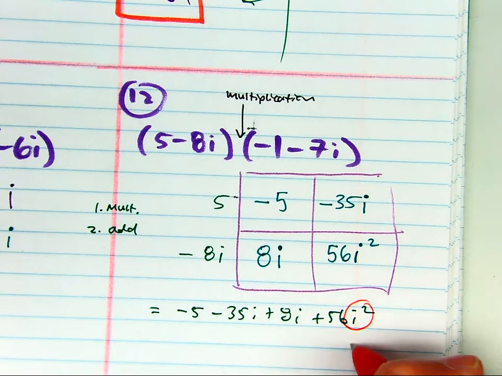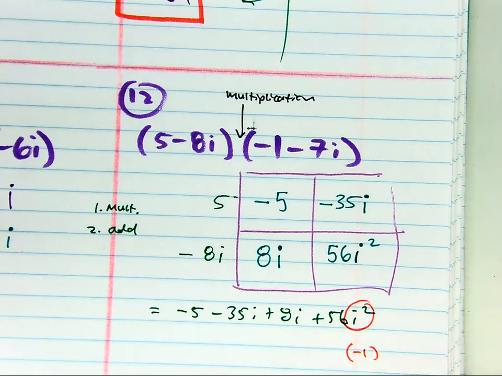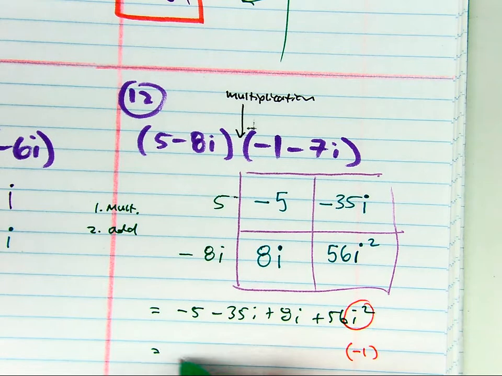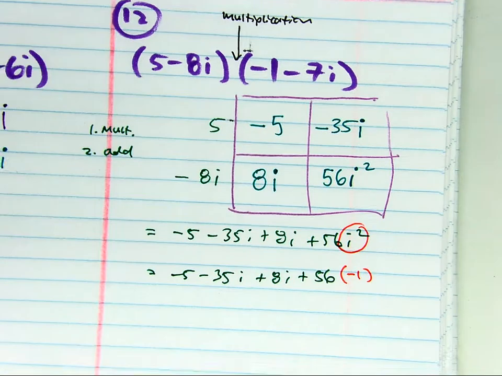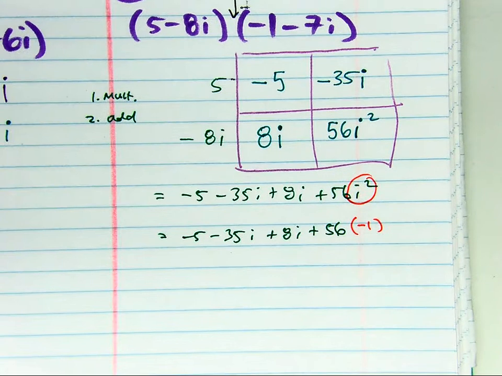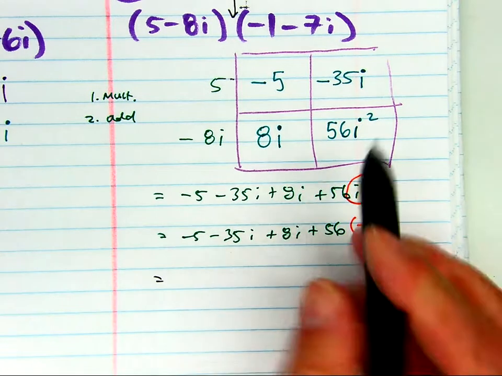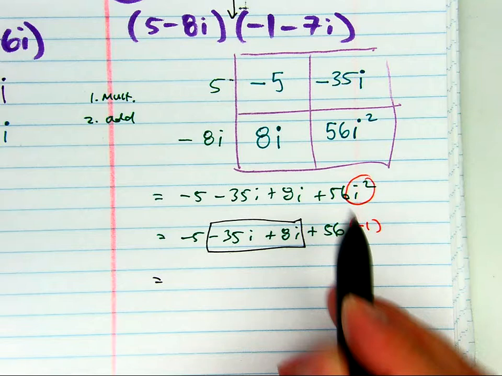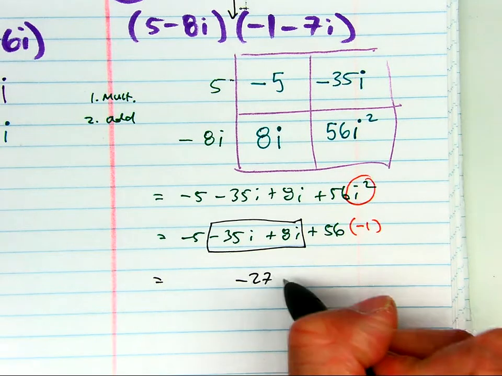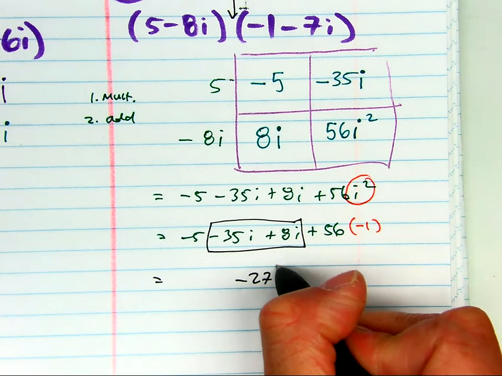I squared is equal to negative 1. And here I just need to simplify. Negative 35 plus 8 is negative 27I.